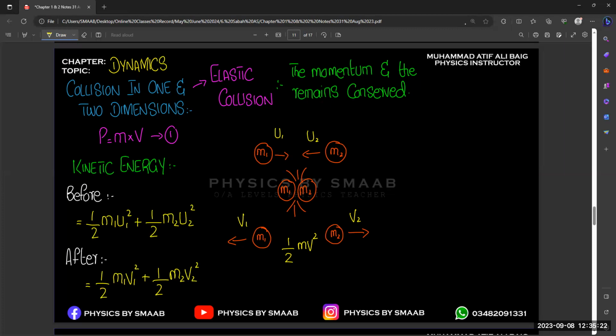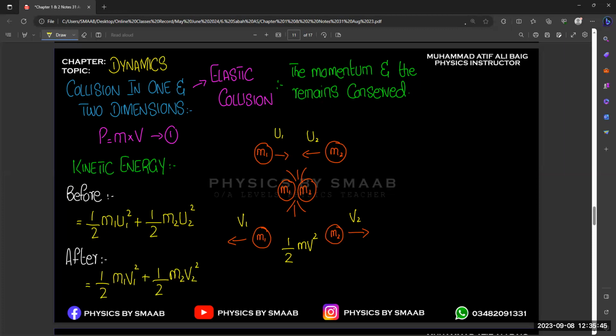And according to the definition of elastic collision, the kinetic energy remains the same, so we can say half m1 v1 square plus half m2 v2 square is equal to half m1 u1 square plus half m2 u2 square, the same concept as the law of conservation of momentum, right? So that is the equation for kinetic energy.